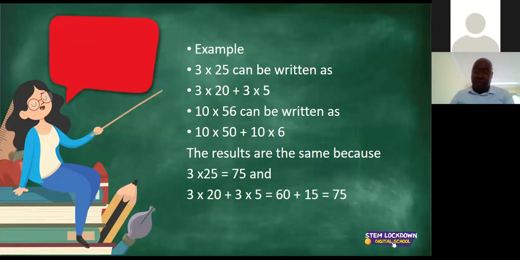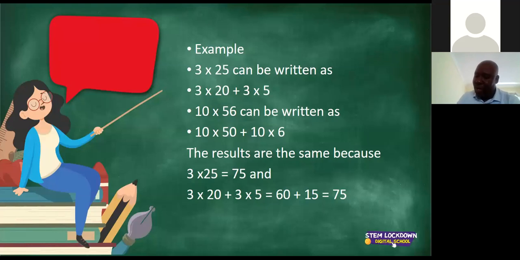We are coming to the second one, which is 10 multiplied by 56. And this can be written as 10 times 50 plus 10 times 6. But before you can write it as 10 times 50, where do we get the 50 from? Where do we get the 6 from?